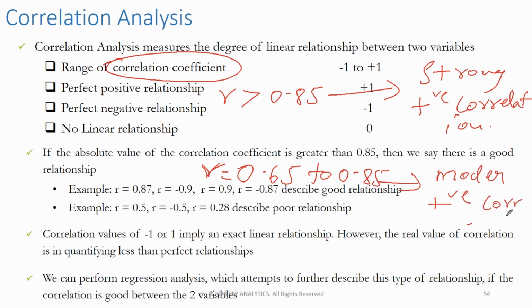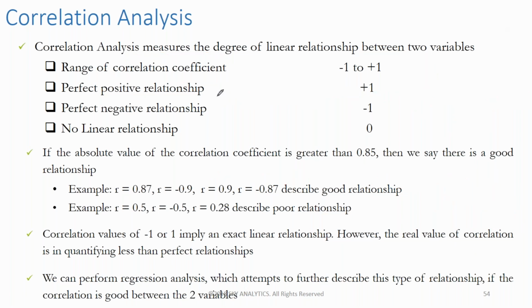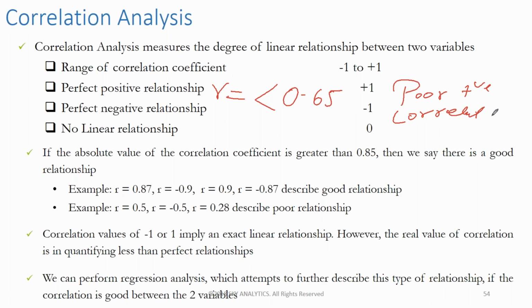Write down these values. If your r value is less than 0.65, then it is called poor positive correlation.